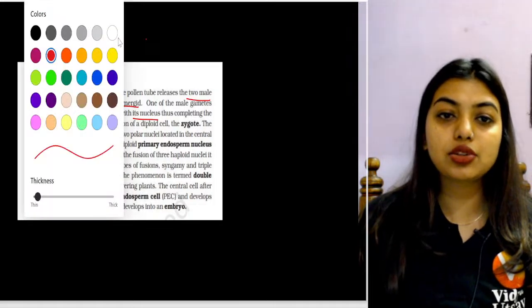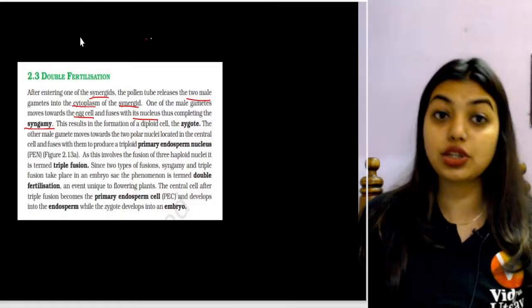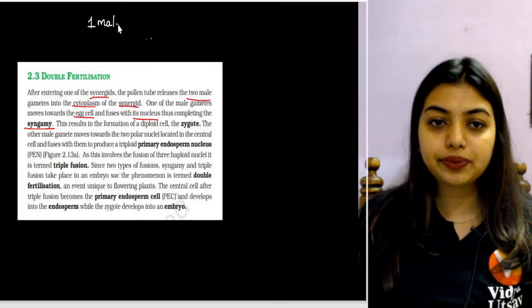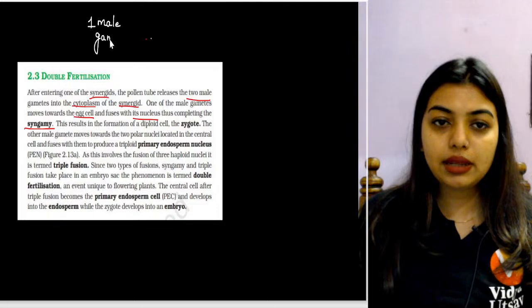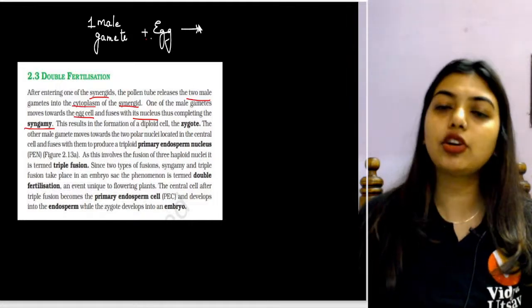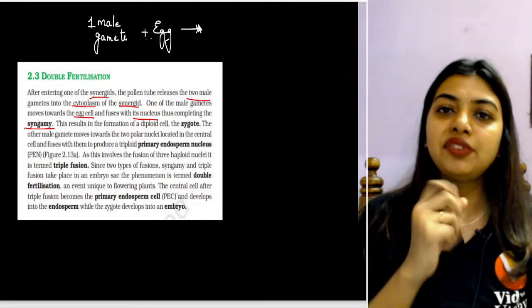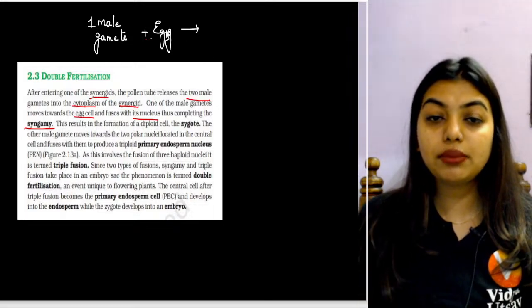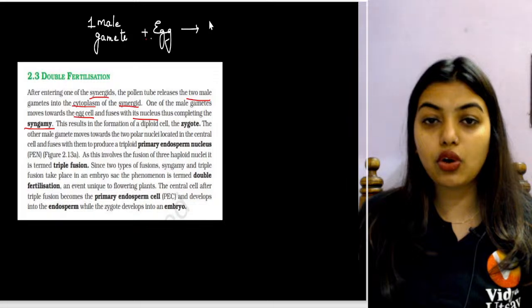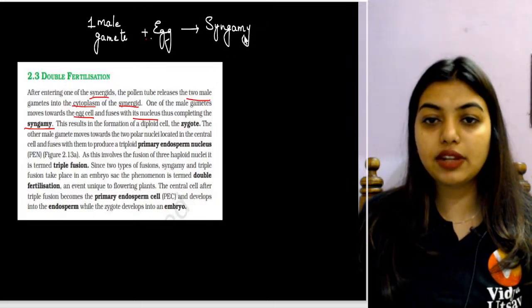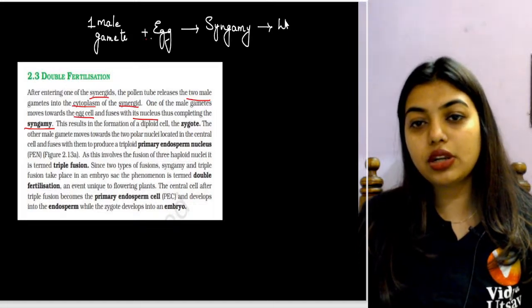So syngamy is going to happen with the actual decided marriage, where one male gamete will fuse with the egg, because the egg is the main female gamete, the important part. So one male gamete with the egg will cause syngamy. And what will they give rise to? They are going to give rise to a diploid cell.